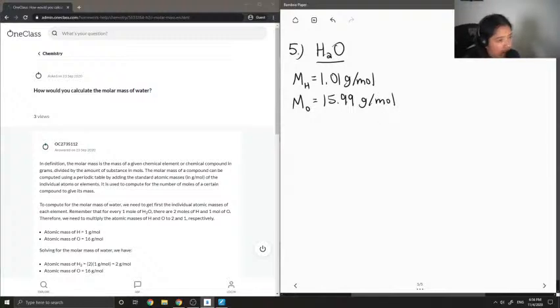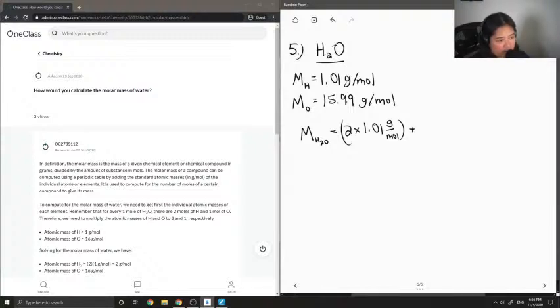So now I want to find the molar mass of water. It's simply going to be 2 times 1.01 grams per mole. So this is because there are 2 atoms of hydrogen for every 1 water molecule.